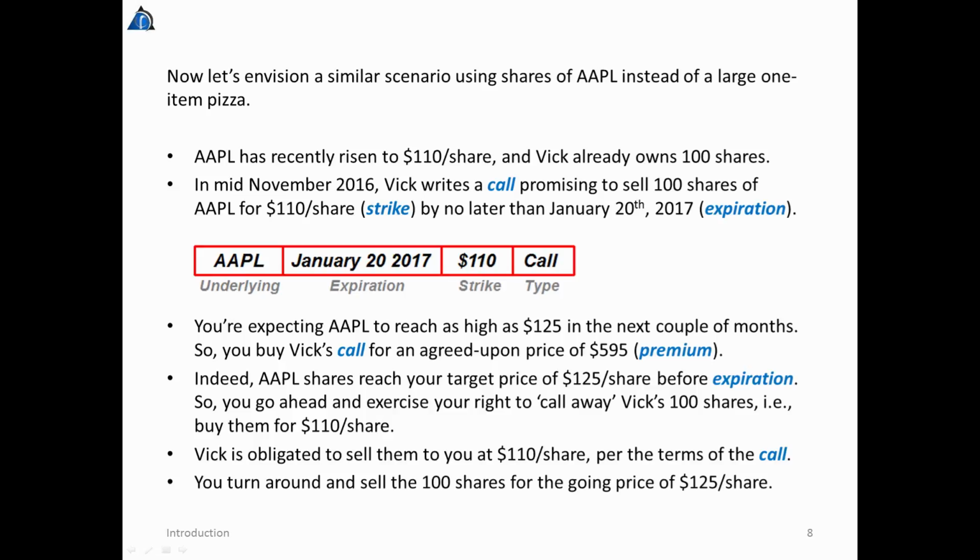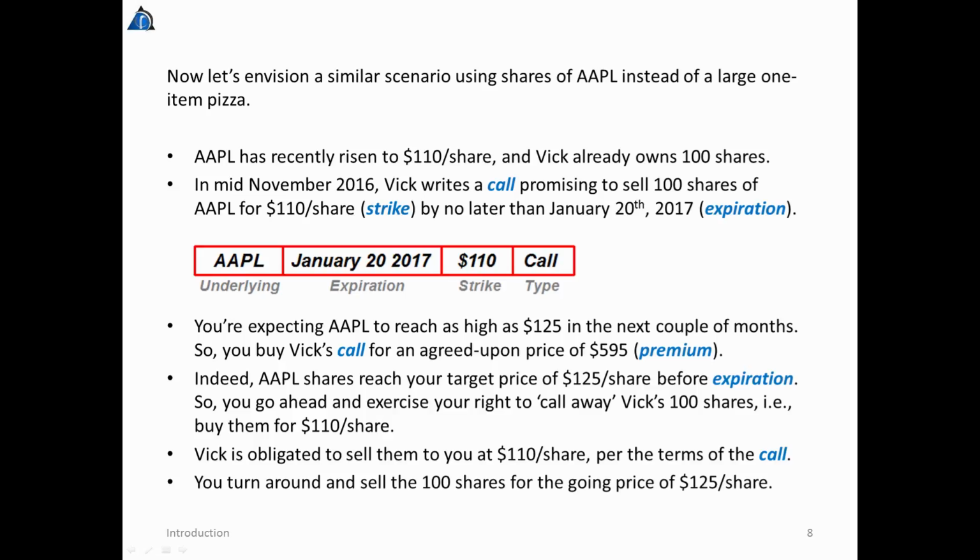A trader named Vic, whom we'll refer to from now on as Trader Vic, owns 100 shares of Apple. He writes a call contract in which he promises to sell 100 shares of Apple for $110 per share by no later than January 20th, 2017.